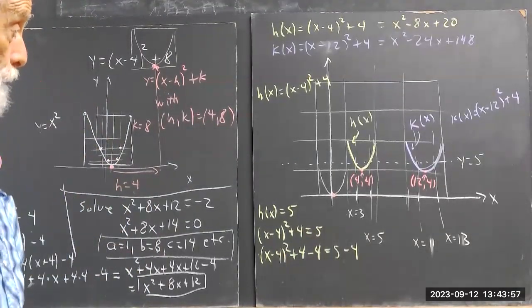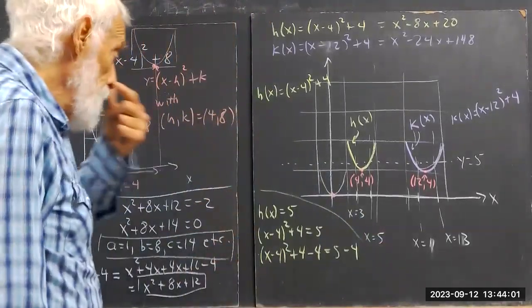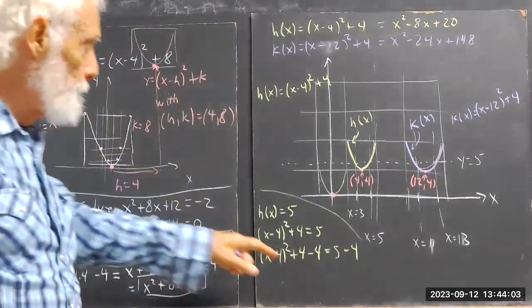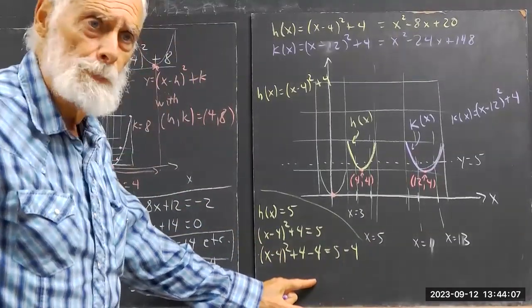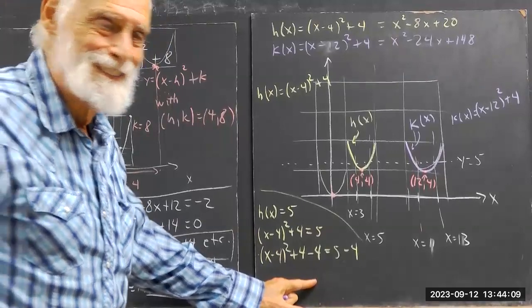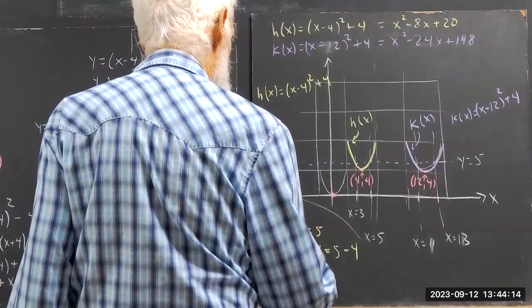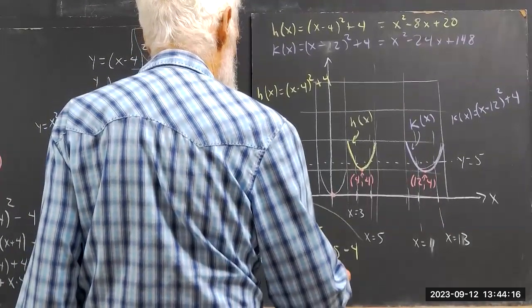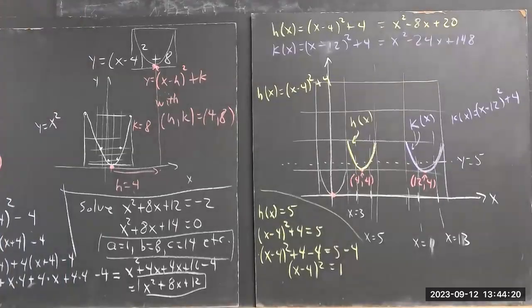I discovered another reason in my last class why I don't want to do that. But the main reason now, because that's valid, you just got to do it right, is it takes up less space. Okay. So this gives us x minus 4 squared equals 1.